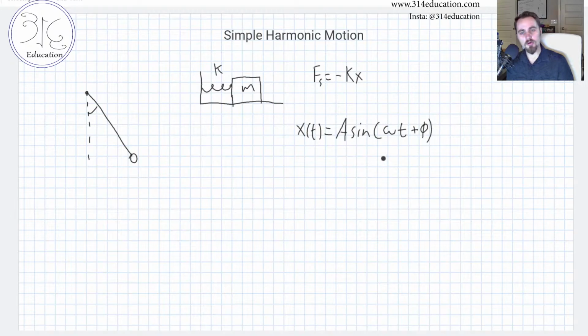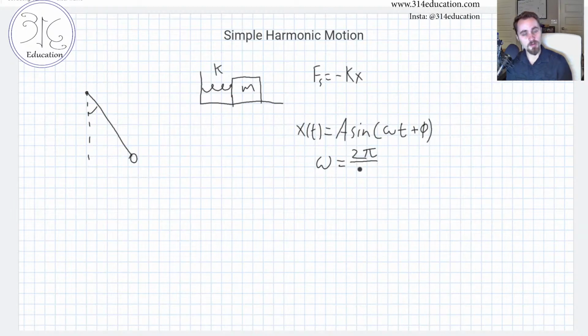The reason we'd want to choose one or the other would be due to initial conditions. We want to see whether or not at time t equals 0, we want to begin at position 0 or at position A. And that will tell us whether or not we want to either choose sine or cosine or to fill in something for our phase angle. Now, this omega is our angular frequency, and so that means that we complete a cycle every period T. And the cycle for a sine, we can think about if we picture the unit circle, sine repeats itself once we come around a full circle, which is 2 pi radians.